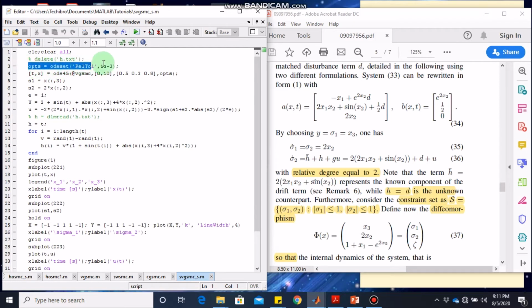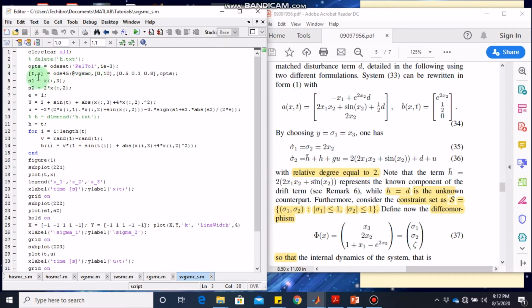This is not necessary. I've just tried it. I've set the ODE set function, which sets the relative tolerance of the ODE solver to 10 raised to the power minus 3, which is basically the default value for the relative tolerance.